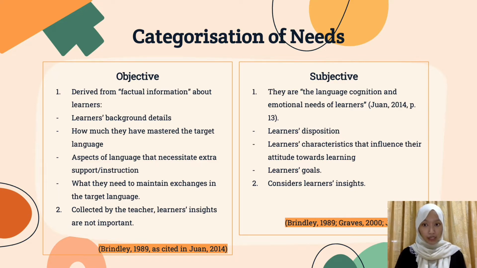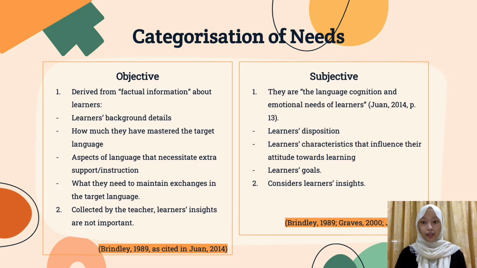So objective needs are derived from factual information about learners, such as their background information, how much they have mastered the target language or their language proficiency, aspects of language that necessitate extra support or instruction, or the perceived difficulties, and their demand of language in real communication situations. Objective needs are collected by the teacher, so they don't take into account learners' perceptions.